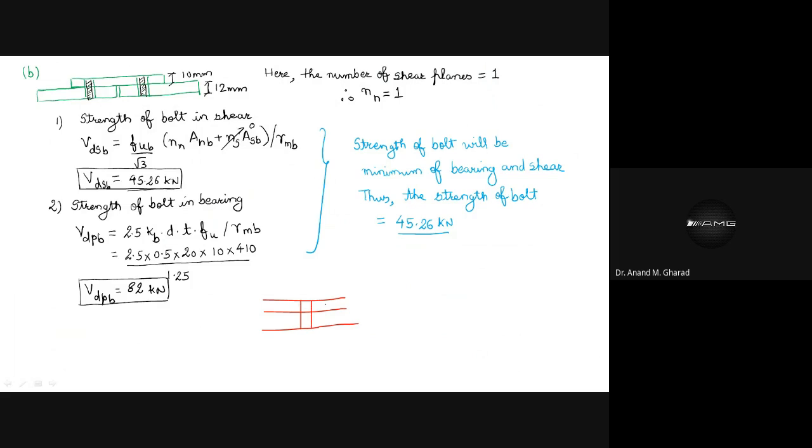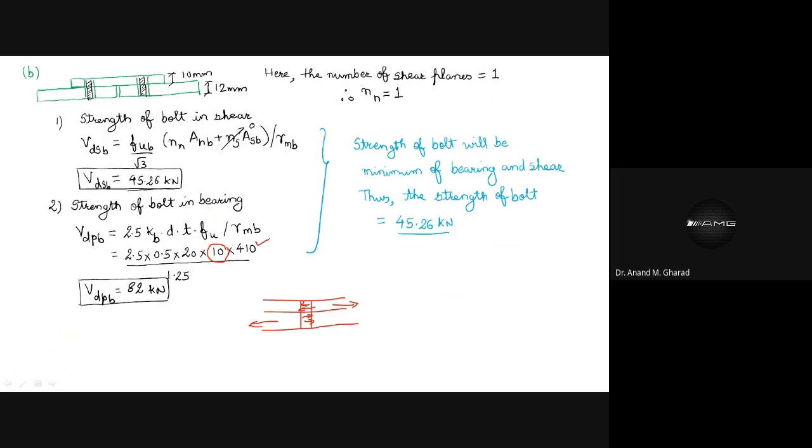If this is the force, then this portion is experiencing bearing stress in this direction, whereas this portion of the bolt is experiencing bearing stress in this direction. Both are facing opposite to each other, so there is no question of finding a summation value, but you are supposed to calculate the minimum thickness out of these two. So the minimum thickness out of these two is 10 mm. Therefore, this T value is 10 mm.